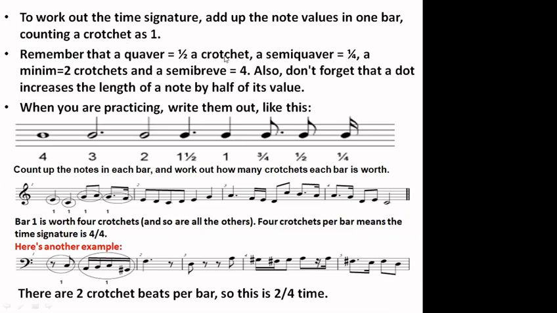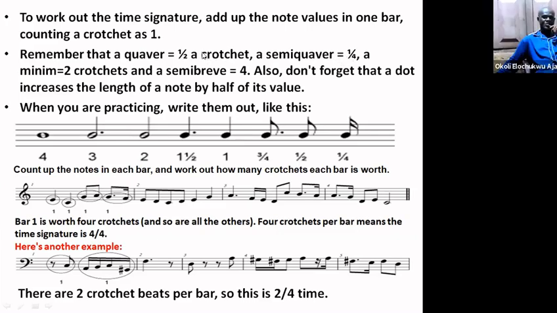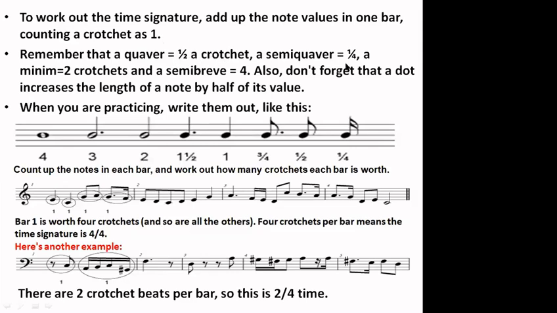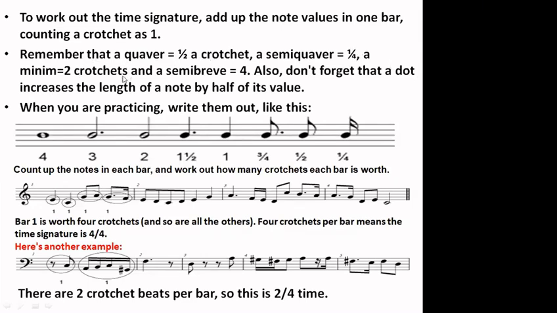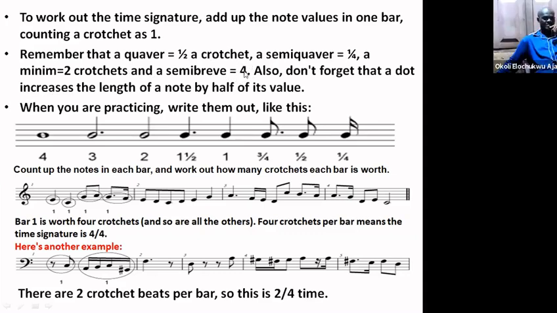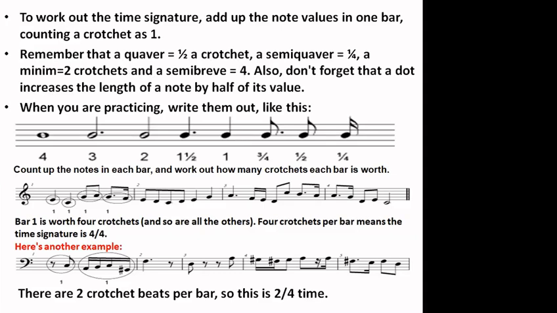A quaver is half of a crochet. A semiquaver is 1/4 of a crochet. Now, a minim is 2 crochets and a semibreve equals 4 crochets. Do I need to take it again? Or you understand? Yes, sir. I understand it.